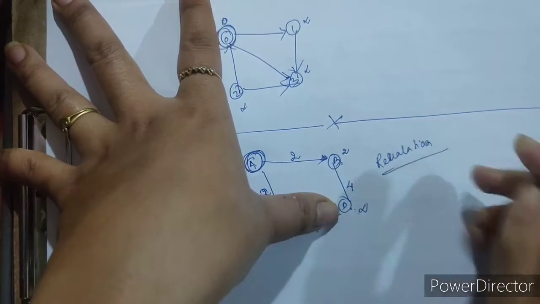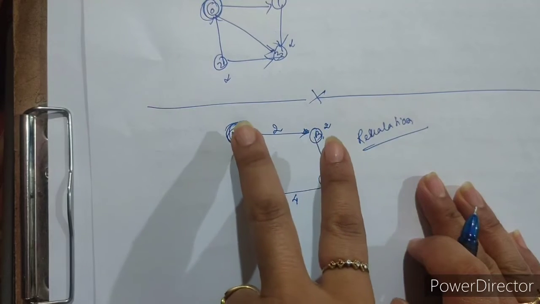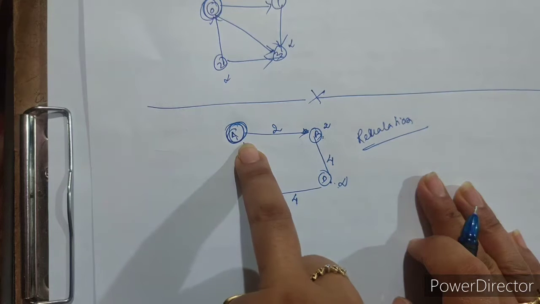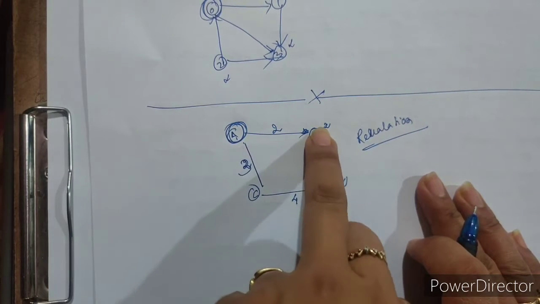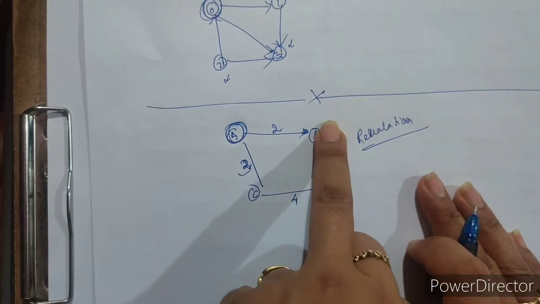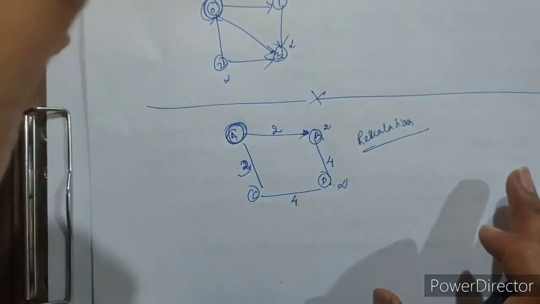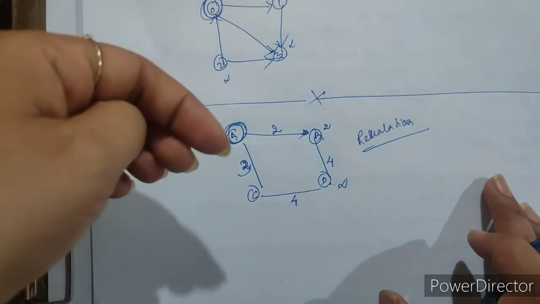So what do we mean by relaxation? From the starting node A, it sees the shortest path. B is selected. So what is B going to do? B is going to check any other vertex which has a shortest path, meaning the vertex has been updated.